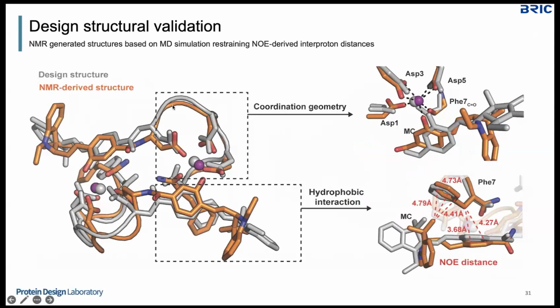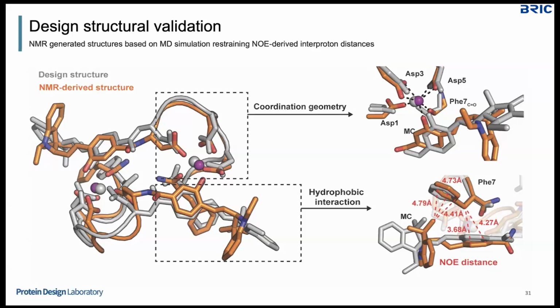Because of our work, we wanted to validate two main parts: is it a swap dimer, and does the coordination geometry really match our design? From there, we can see that it did match, and the distances of the hydrophobic interaction from one monomer to the other matched our designed one. So that was a good proof for our work.